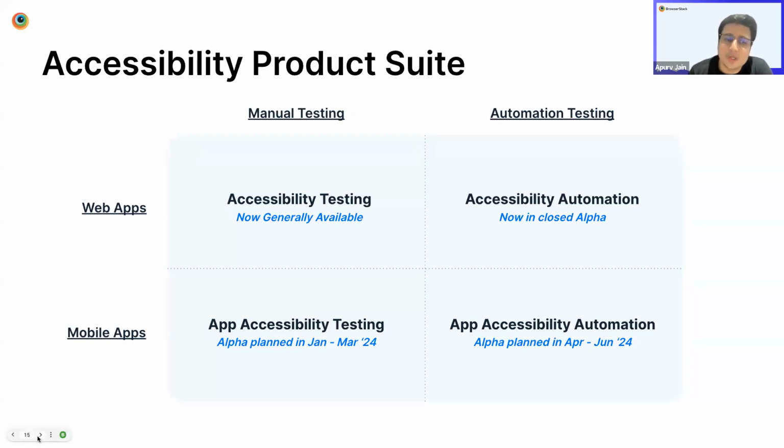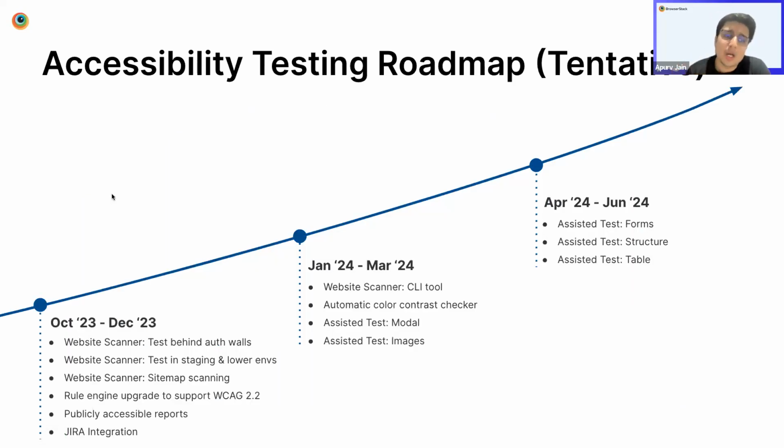Now that we've covered the overall product vision, I'd love to go into more detail on our product roadmap for the accessibility testing product that you saw today. For the upcoming quarter, from October to December, a lot of our focus will be on further enhancing the website scanner.